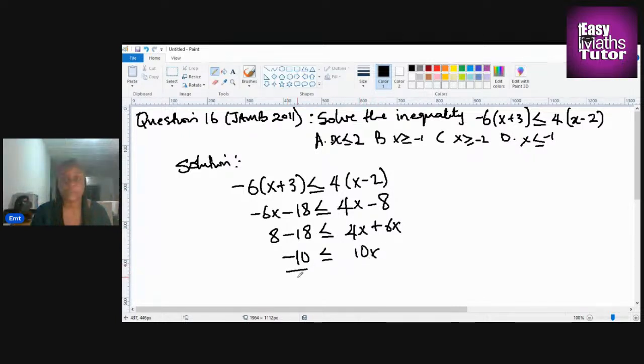We divide both sides by 10, leaving us with minus 1 less than or equal to x. If we rearrange this, we'll have x greater than or equal to minus 1. So our correct answer for this problem is B.